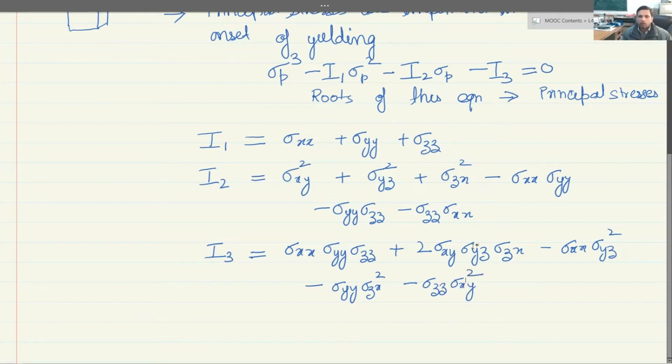So these are the values of the invariants. As you can see, the invariants are described in terms of xx, yy, xy, meaning all the normal and shear stresses are involved. But as we said, they are invariant. It means these would be valid even if you take the element in an orientation where you have only normal stresses, meaning principal stresses.